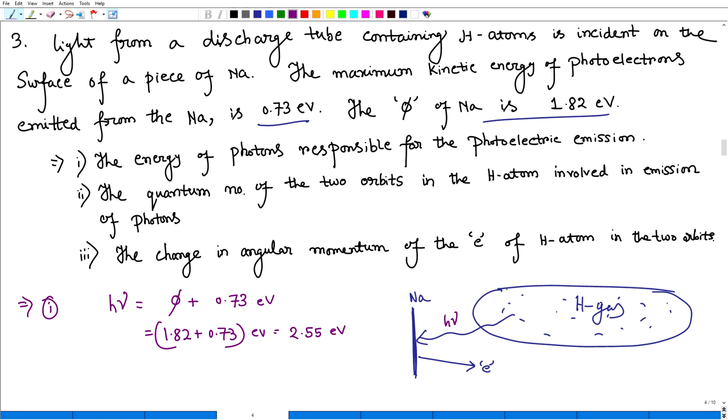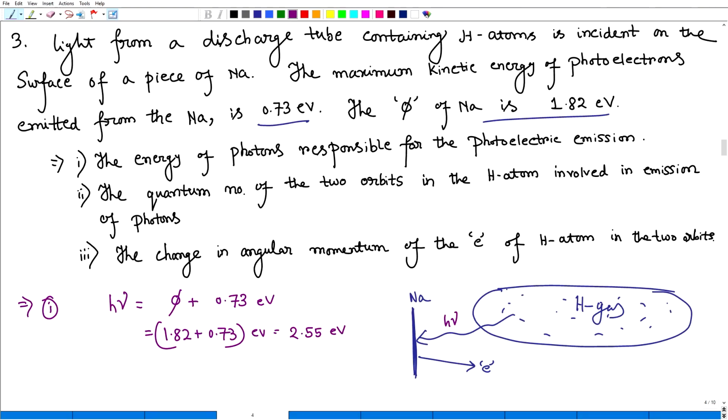During that process, the amount of energy required for kicking out the electron from the metal surface is called the work function, that is 1.82 electron volt, and after coming out from the metal surface, the rest of the energy of the photon is utilized for the kinetic energy of that electron, which is 0.73 electron volts. So, straightforward. So, first question is done.